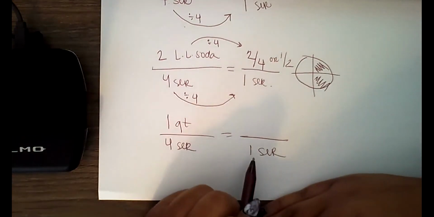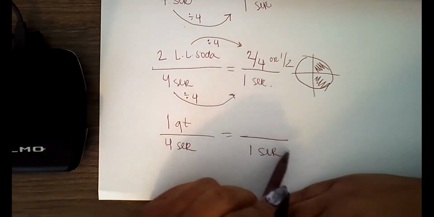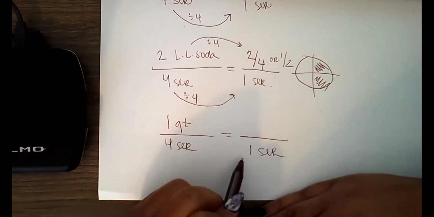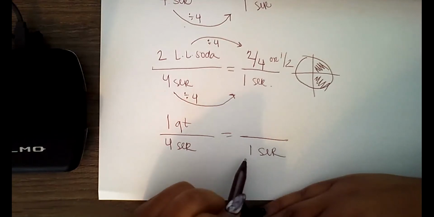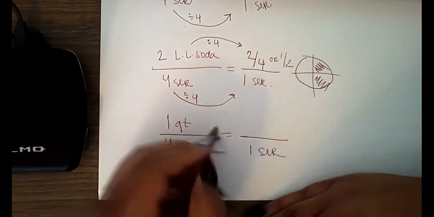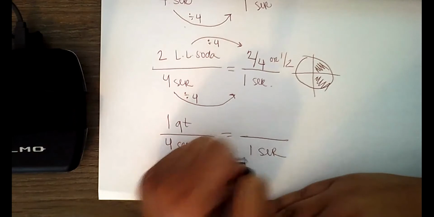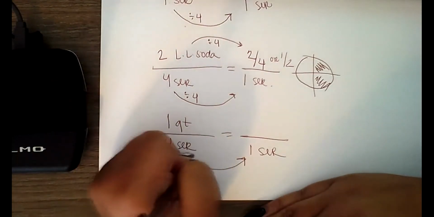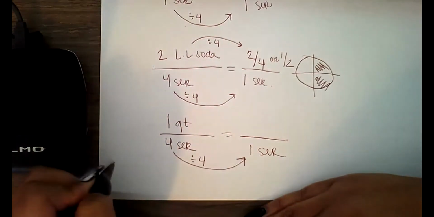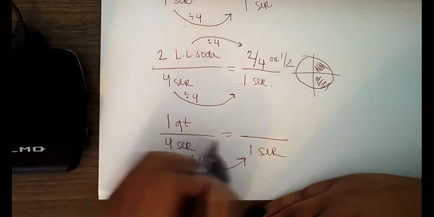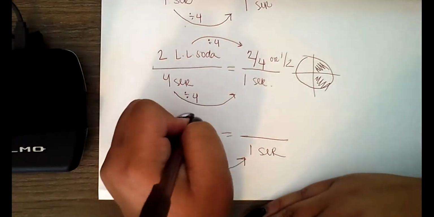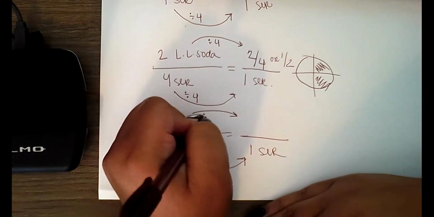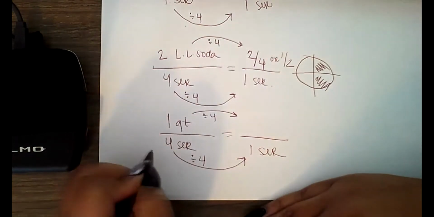Well, remember again, if I'm going for a denominator of 1, I have to create my unit rate, which means dividing by the denominator, dividing by 4. Well, that means what I do in the denominator, I have to do in the numerator. So I'm going to divide by 4.